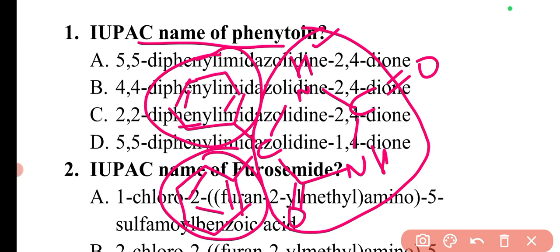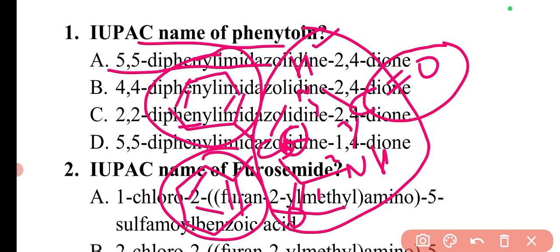Here you can find out the IUPAC name of this. This position is 5, this is the fifth carbon. From here it is 1, 2, 3, 4, and 5. This is the numbering system. At the 5 position there are two phenyl rings, so it becomes 5,5-diphenyl. This ring, as I told you, is the imidazolidine ring. And there are two keto groups, C double bond O. At which positions are these?